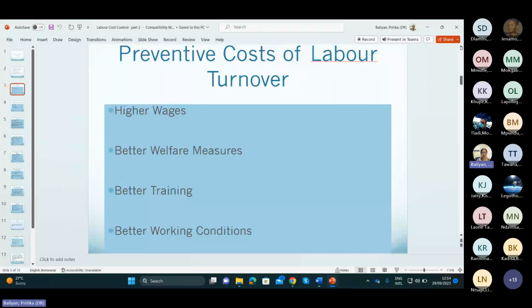Yeah, there are many factors for good working conditions, right? Like working hours, the nature of work, working environment, because if you put so many people in a small premises, then people will not get enough space to perform their job.